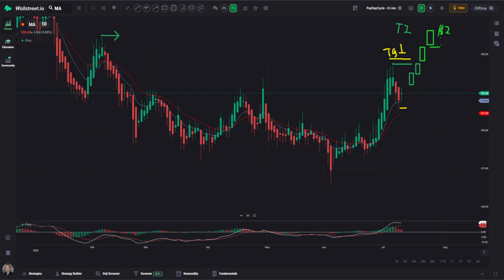I'm going to take my stop loss, which is yellow in this example, and move it all the way up below this candle. I'm going to take another third off as soon as it pivots back below, or you can take it off at target 2.